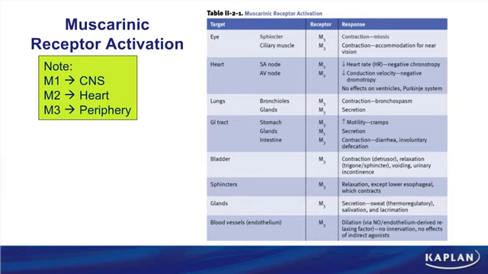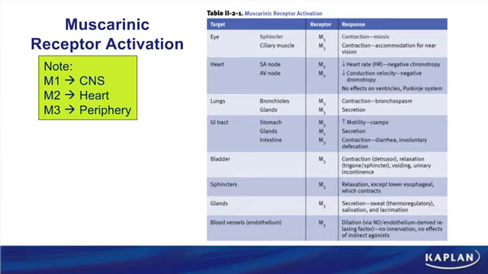We've talked about the pupils constricting in response to muscarinic activation. You get bradycardia when you stimulate M2s on the heart. The lungs will bronchoconstrict. That's an M3 effect. GI and urinary motility are going to increase, and those are also M3 effects. So the first 5 parts of this table you should be very, very comfortable with.